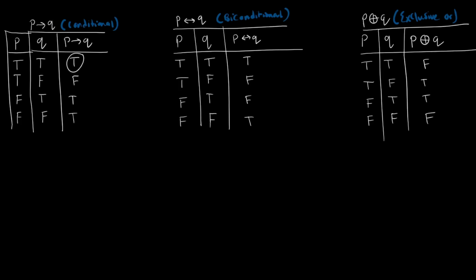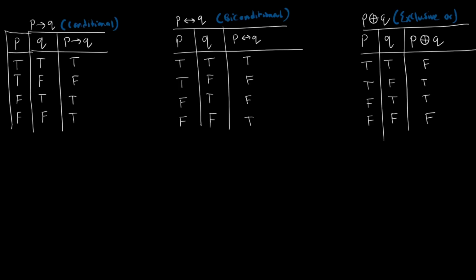If we have true implying false, we'll have false. If we have false implying true, we'll have true. And if we have a false implying a false, we'll have a true. This one is a little bit tricky because it's something that we can't imagine in our head really well. But over time, practicing it, it will be better.